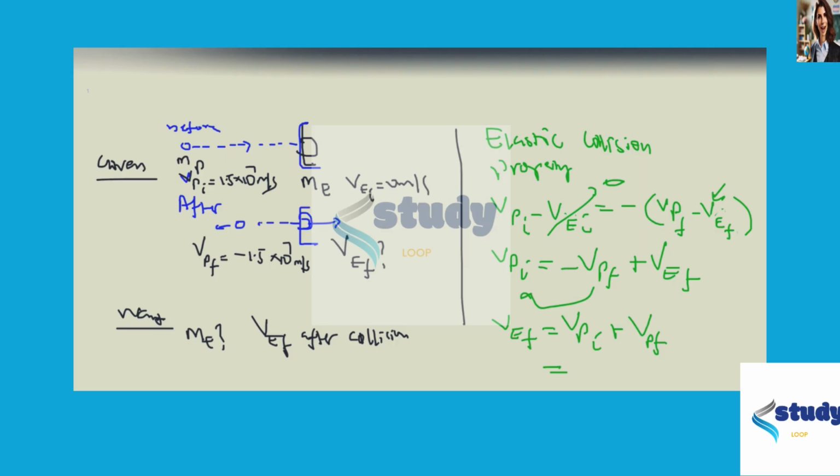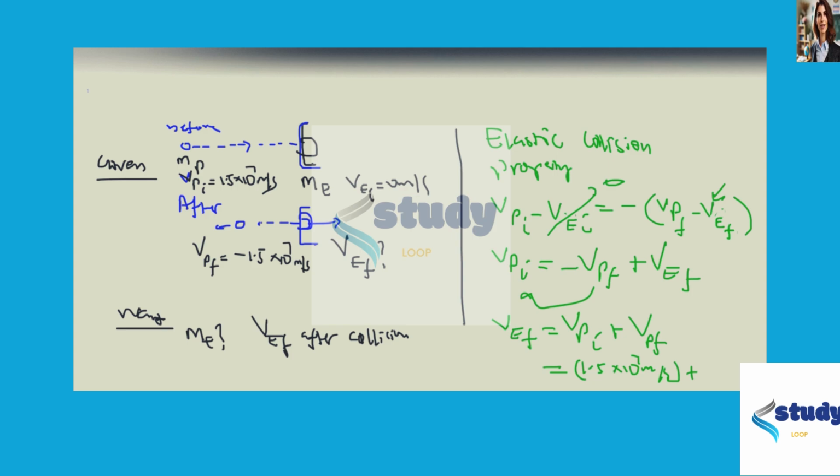So the initial velocity is 1.5 times 10 to the 7 meters per second. This was a minus, it became a plus, plus Vp final.